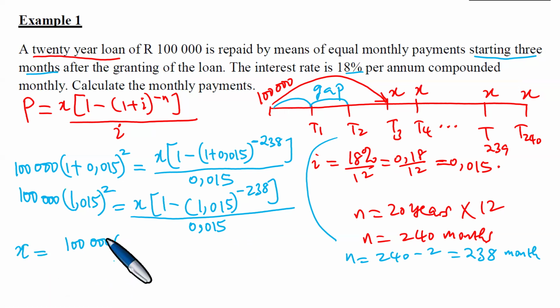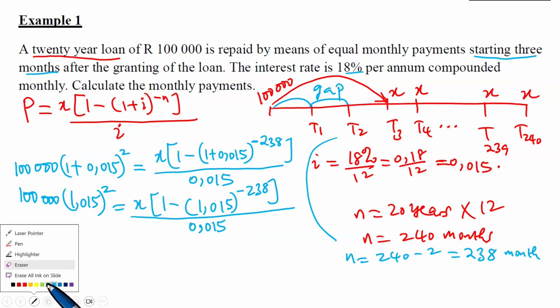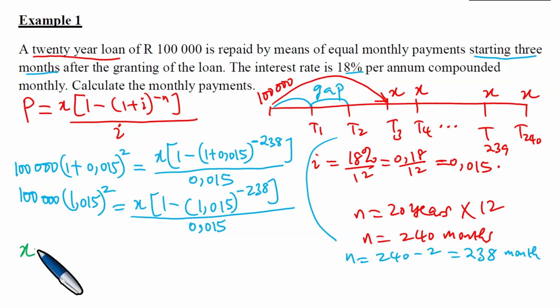If you cross multiply, we then get, let me do it in green color. So now in green color, we solve for x, and therefore x equals 100,000 times 1.015 squared.